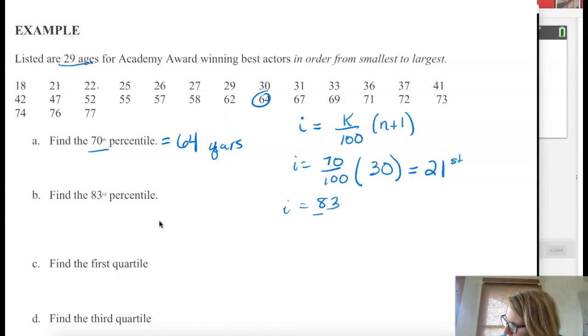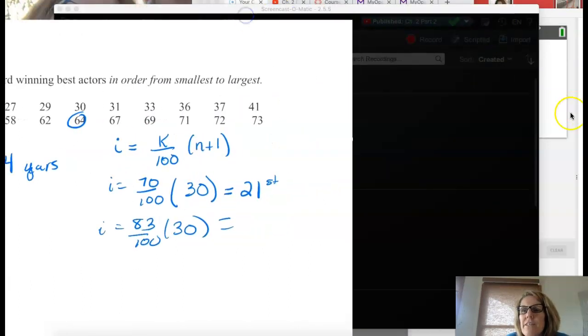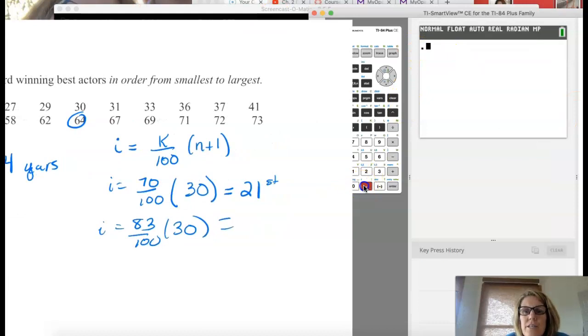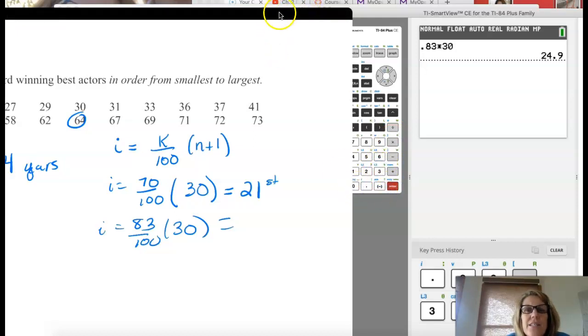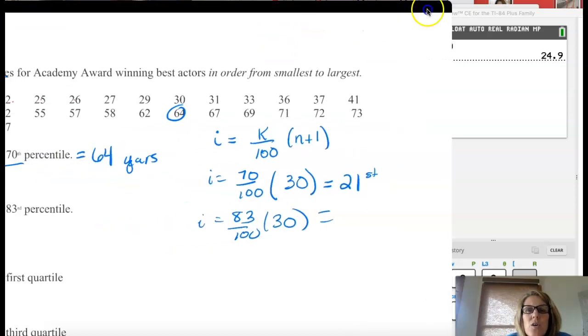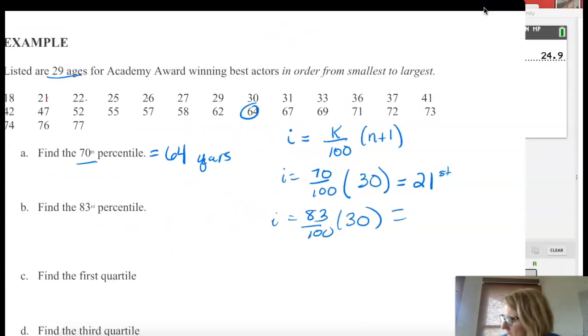So 64 years. Okay, so let's do the same thing for the 83rd percentile. So we have 83 over 100 times 30. Let's look at our calculator here. We do 0.83 times 30. Okay, now on this one, we get 24.9, right?